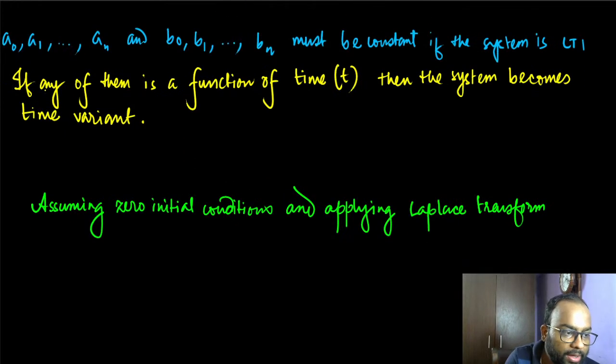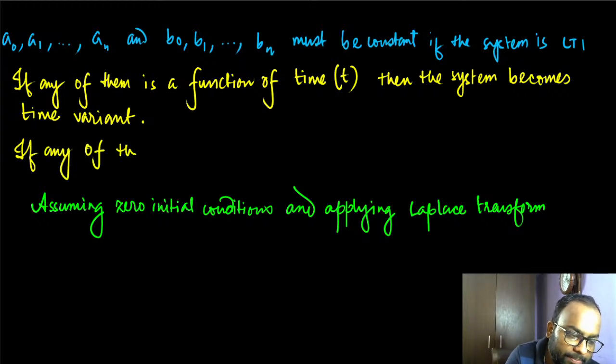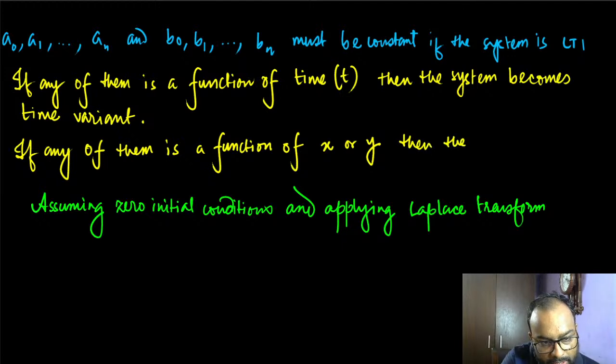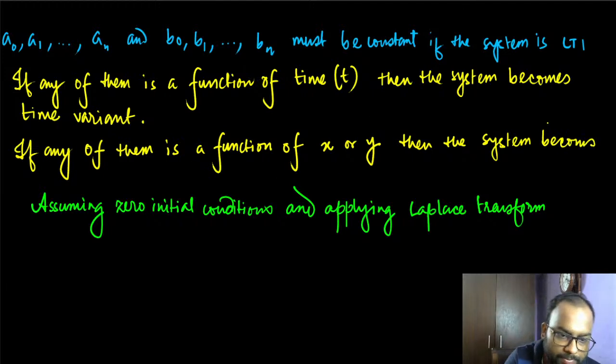Similarly, if any of them is a function of x or y, then the system becomes non-linear.